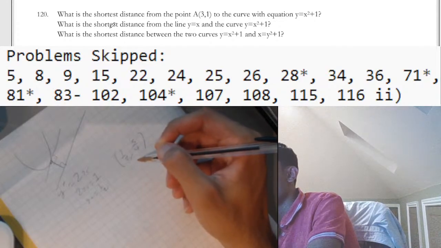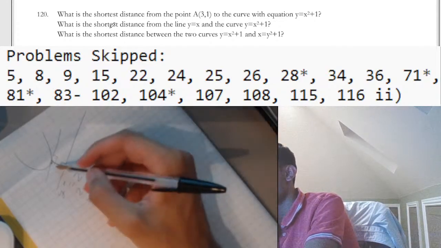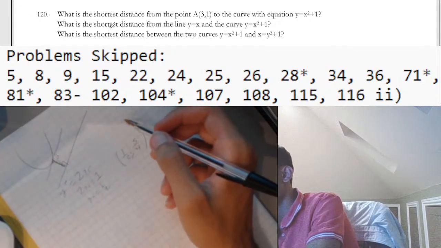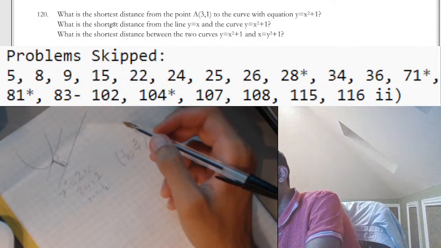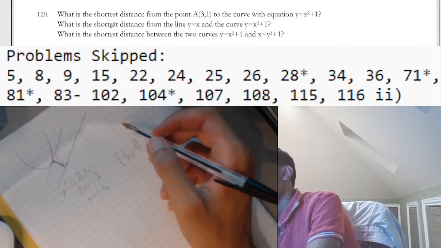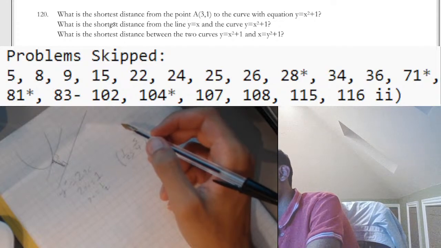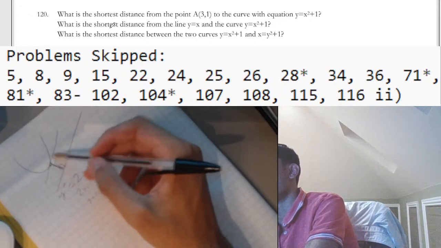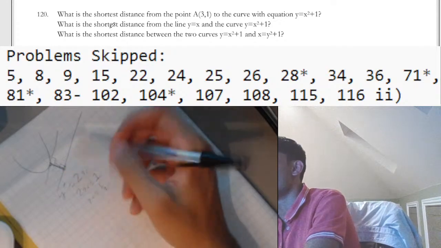And we want the distance between this and y equals x, which is kind of hard to get. But what we can do is find the point where the normal meets y equals x.